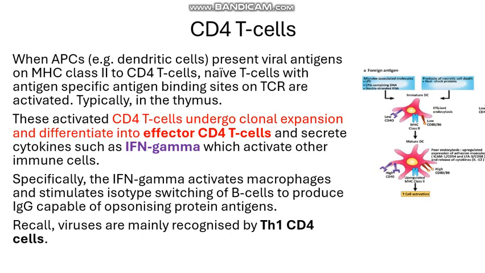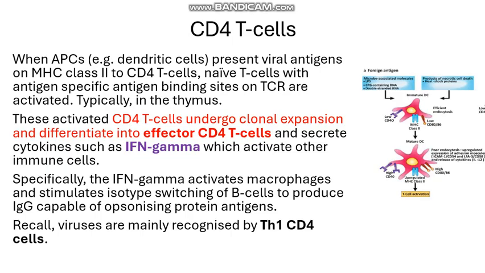or it may stimulate them to differentiate into plasmablasts, which are the short-lived versions of plasma cells, or into memory B cells. Specifically, the interferon gamma is going to activate macrophages and stimulate isotype switching of B cells to produce immunoglobulins capable of opsonizing proteins like immunoglobulin G, which we went into in depth when we talked about isotype switching.